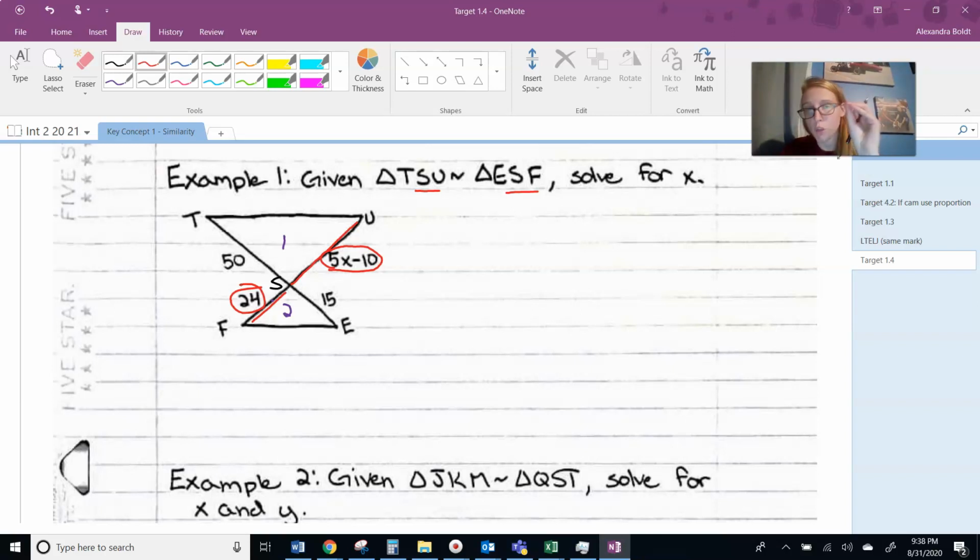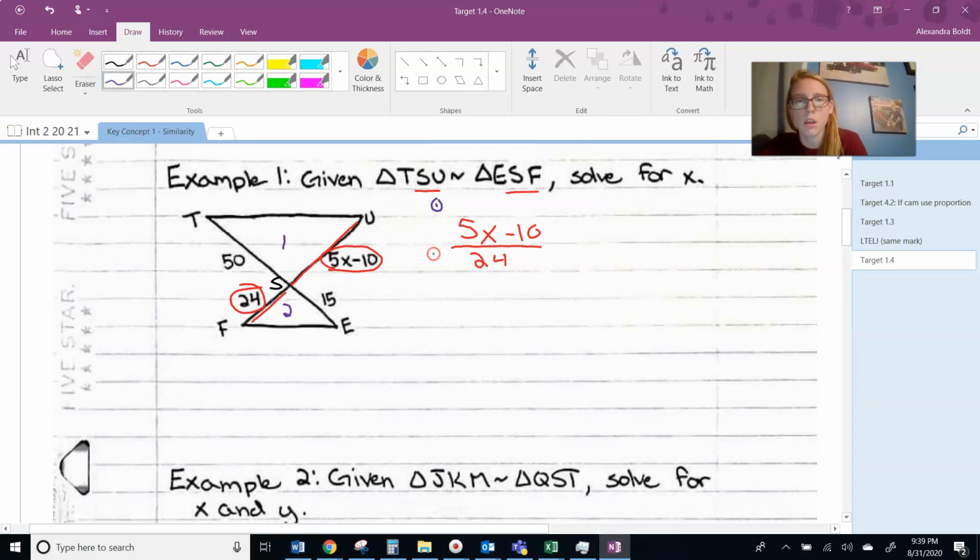Okay, so be very careful that you're checking your sides. So this is going to be 5x minus 10 over 24. And again, this is from triangle 1, and this is from triangle 2.